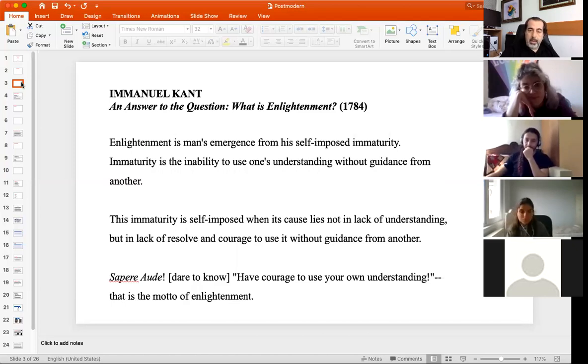Immaturity is the inability to use one's understanding without guidance from another. This immaturity is self-imposed when its cause lies not in lack of understanding, but in lack of resolve and courage to use it without guidance from another.